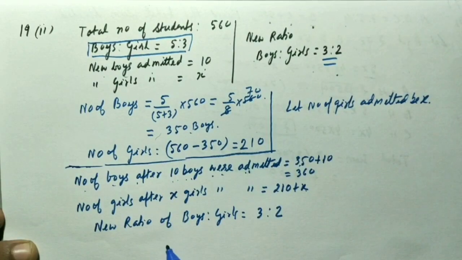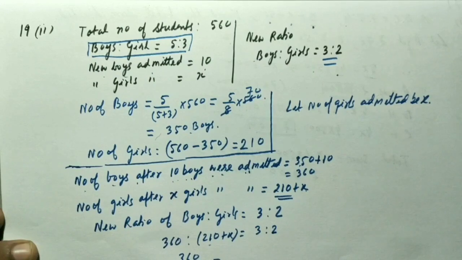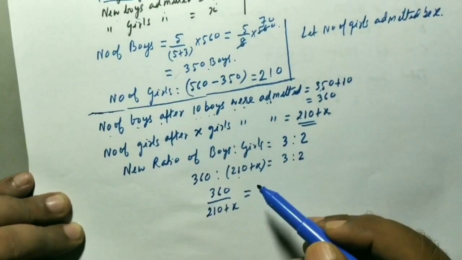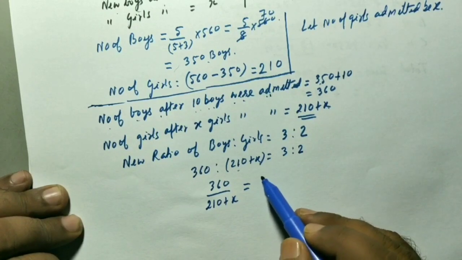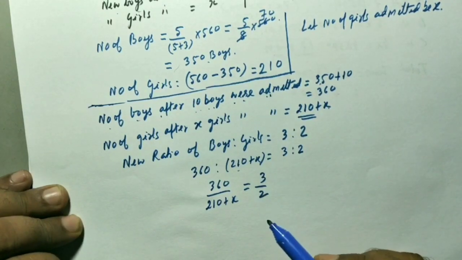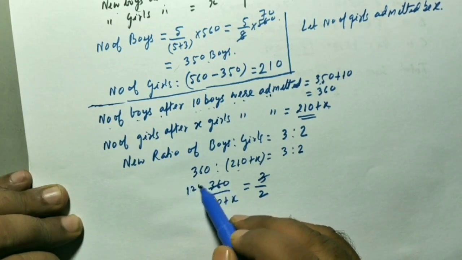So number of boys is fixed 360, number of girls 210 plus X, and this is 3:2. So we will simplify this. 360 by 210 plus X is equal to 3/2.